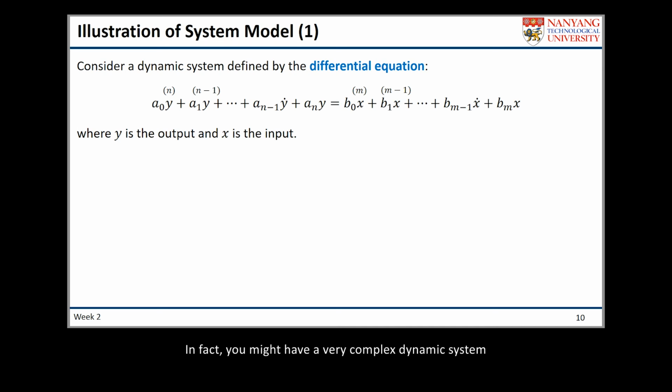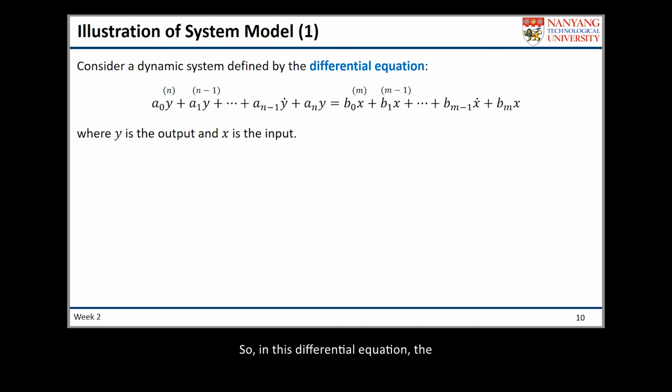In fact, you might have a very complex dynamic system that involves not only the first derivative of the output, but also a second derivative, third derivative, fourth derivative, and any order of derivatives of the output. At the same time, your differential equation might also involve any derivatives of the input as well.